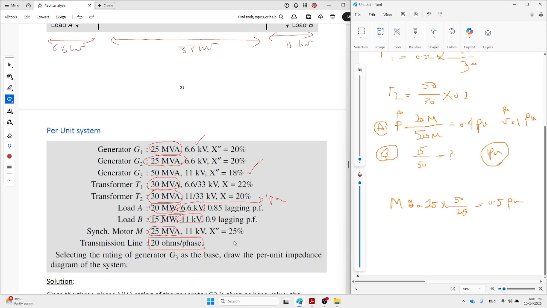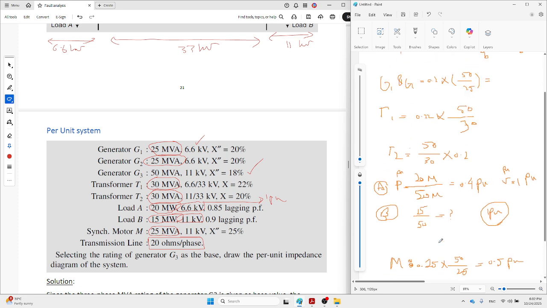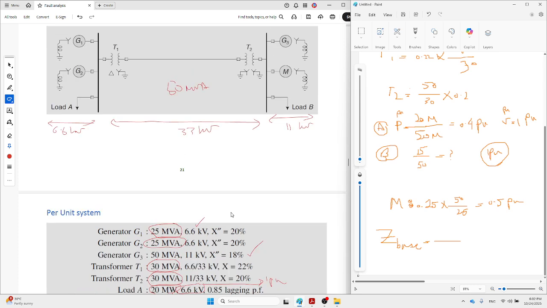Finally, for the transmission line, the value is given in ohms. First we have to calculate Z base. What is the voltage at the transmission side?